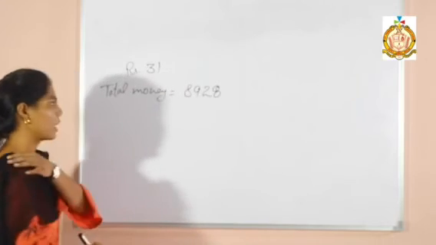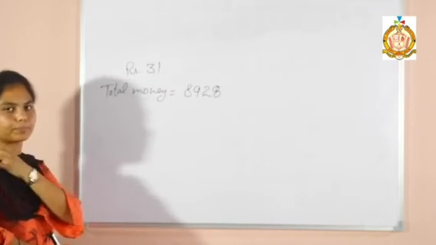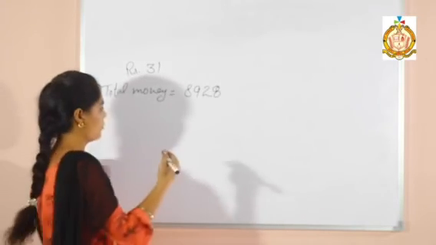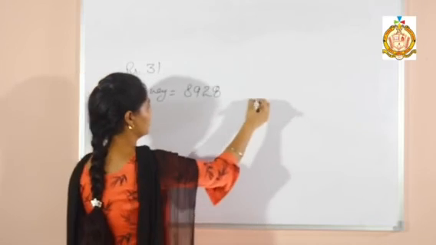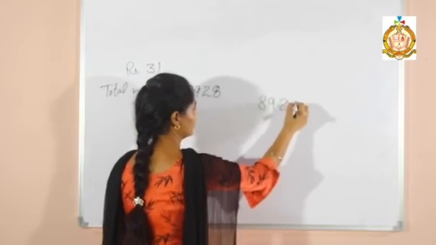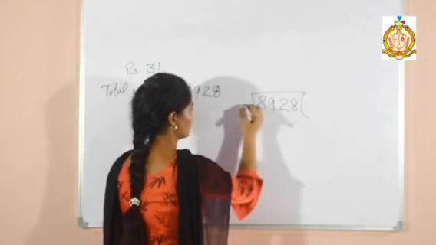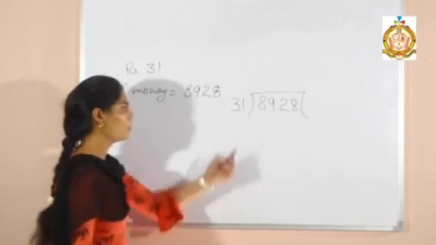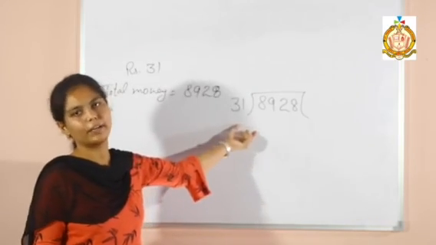Now we have to find how many persons contributed. Divide it by 31. Now divide it by yourself and you will get the answer.